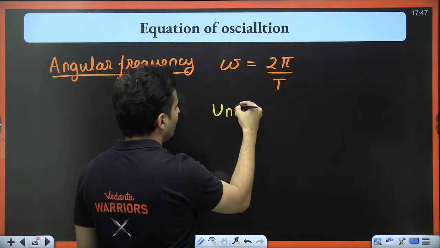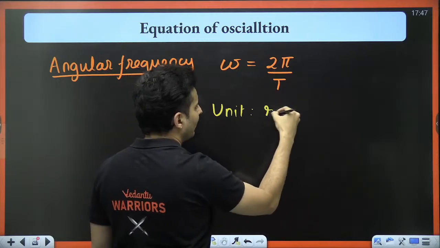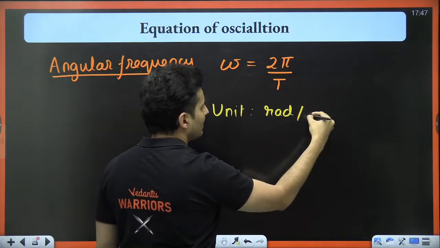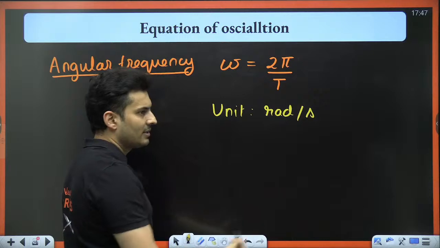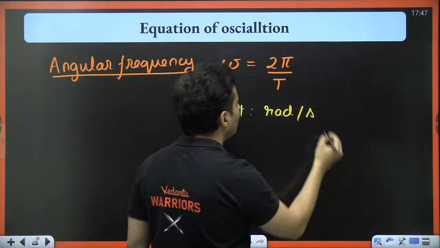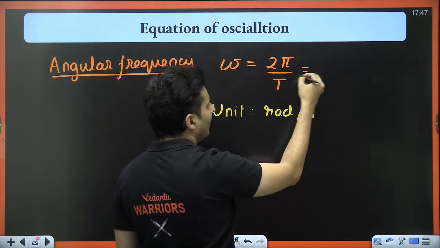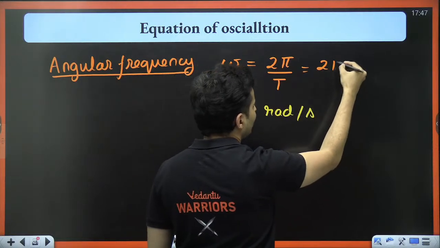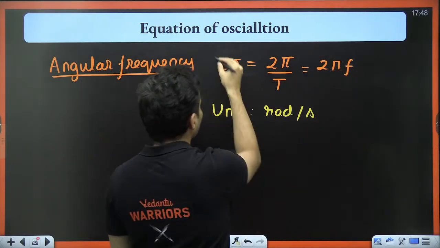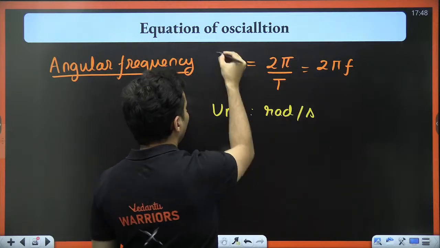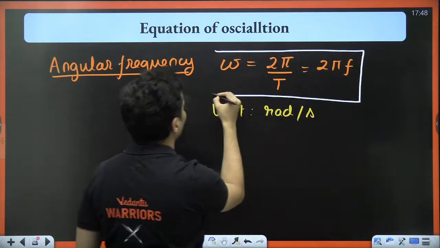The unit of that, because 2 pi is in radians and time is in seconds, is radians per second. But we also know 1 by time period is frequency, so you can also write it as 2 pi f. Both formulas are one and the same thing.